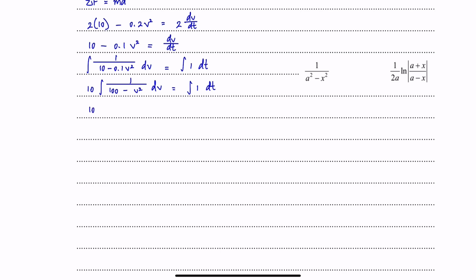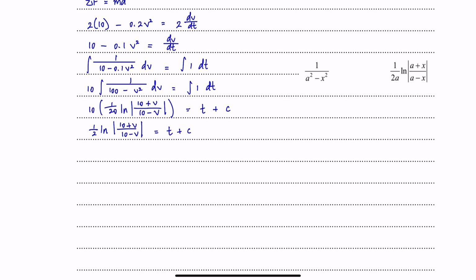We would get 10 times 1 over 20 ln of 10 plus v over 10 minus v, and this would just be t with a constant. Now this would be half ln of 10 plus v over 10 minus v equals t plus c.